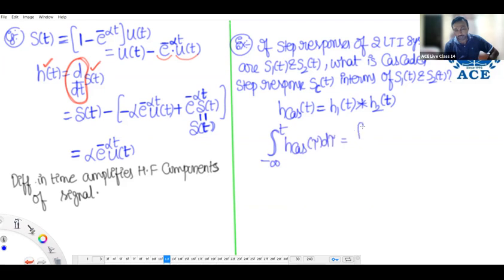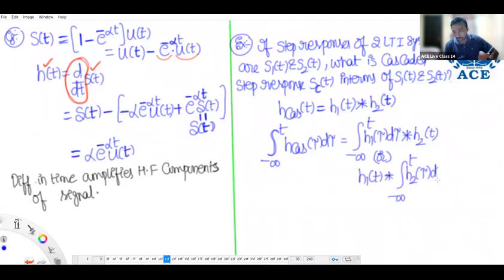On the right side, any one term is integrated. It is like integral of h1(t) as it is, convolved with h2(t), or h1(t) as it is, with integral of h2(t). This quantity is the cascaded step response.